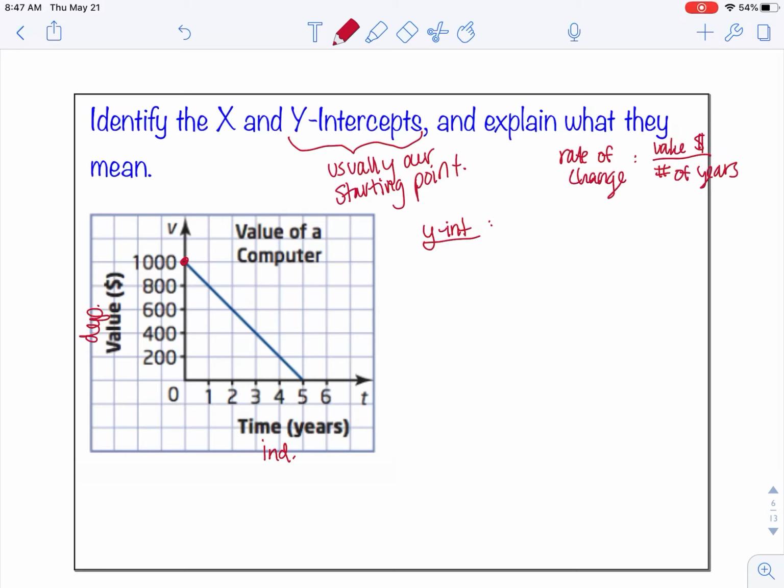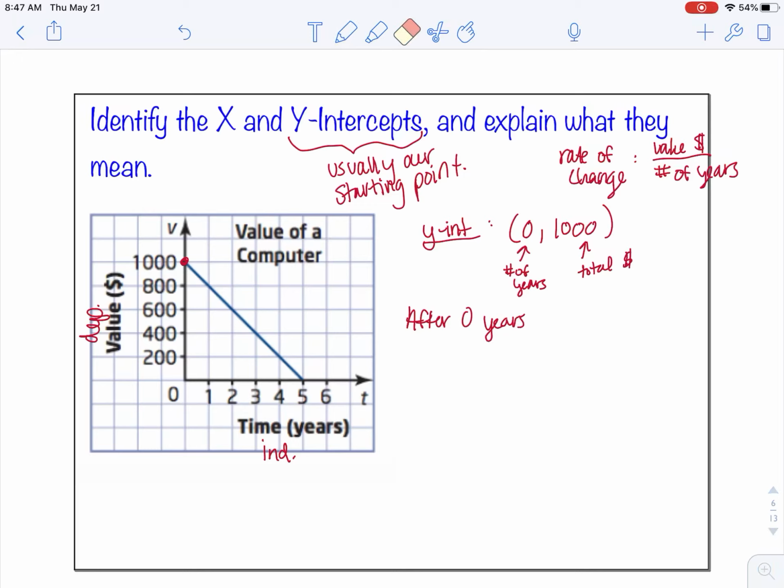Our y-intercept is 0, 1,000. What do you think this means? If it's 0, 1,000. 0 number of years, 1,000 total dollars. I bet you're thinking to yourself right now, because you can't really speak to me, you're probably thinking that means that after 0 years, which means what?